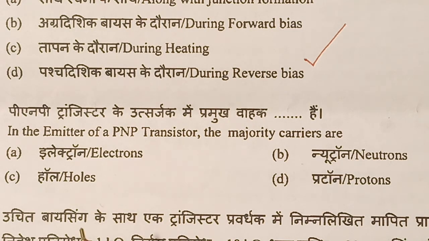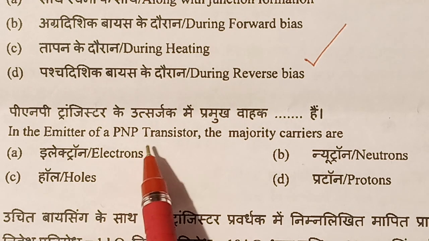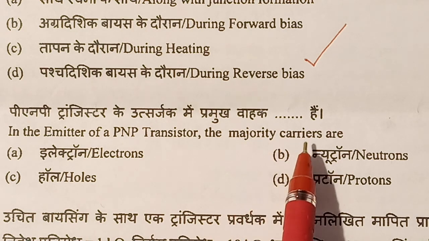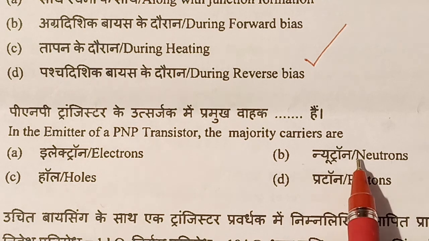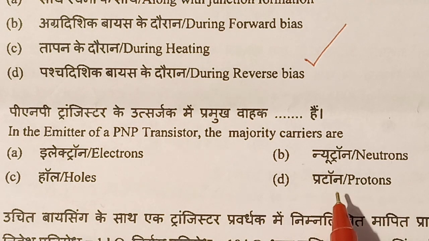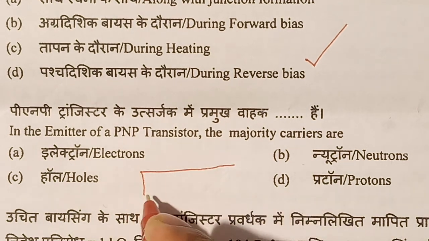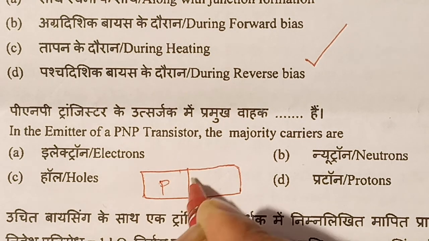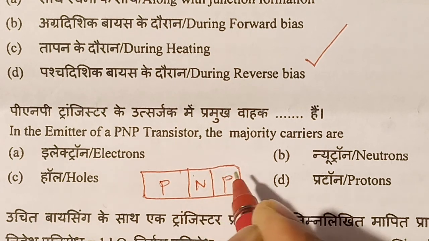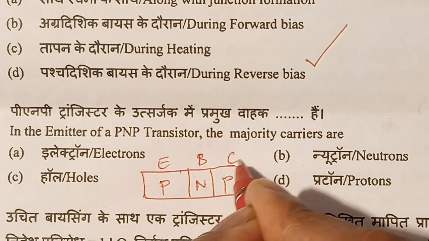Question number 39. In the emitter of a PNP transistor, the majority carriers are option A, electrons, option B, neutrons, option C, holes, option D, protons. For a PNP transistor, this is the emitter, base and collector.